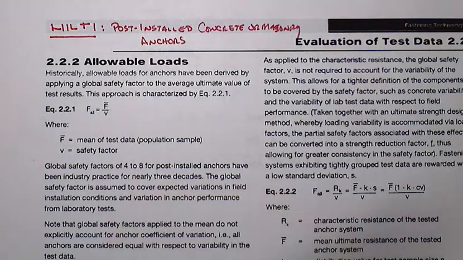A lot of times, after you create a concrete structure, you then want to hang certain appurtenances from that, and so how do you go in and attach something to hardened concrete? That's the post-installed part: the concrete is already hardened. In retrofits or renovations, you oftentimes also get into this type of thing.